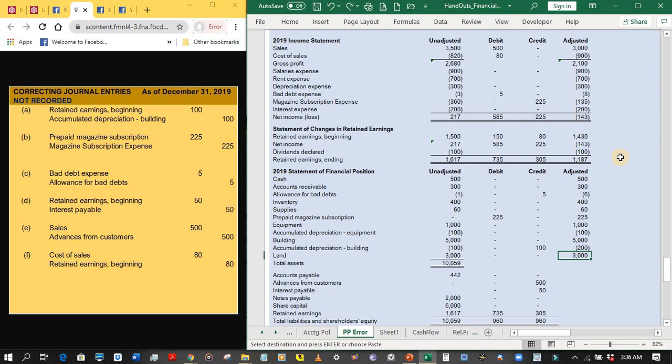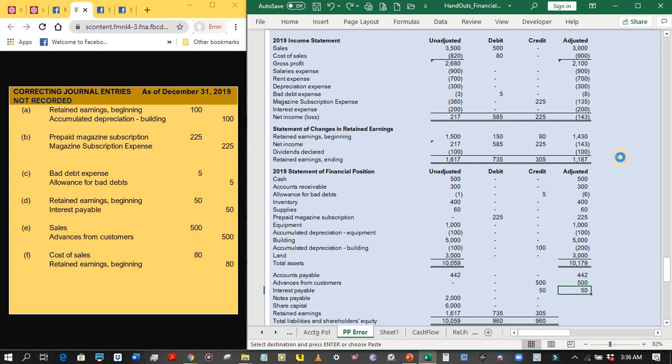So our total assets at the end of 2019 is 10,179 pesos. Then the accounts payable is 442. Then we have new accounts, the advances from customers at 500 and interest payable for 50 pesos.